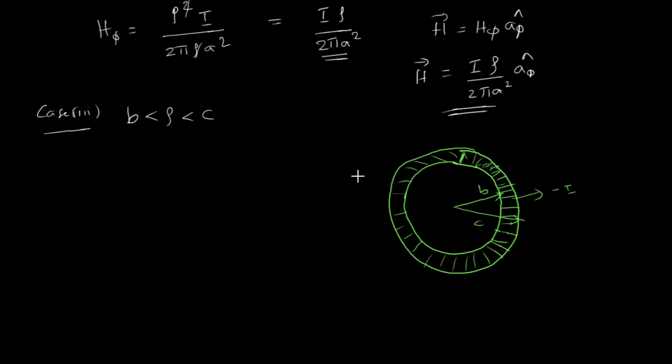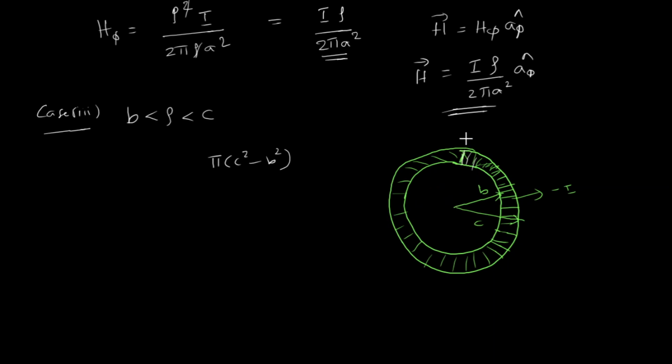The outer cross section is pi C square, and the inner cross section I can take as pi B square. But current is flowing through the difference of these cross sections. So it is flowing through the cross section pi of C square minus B square, right?